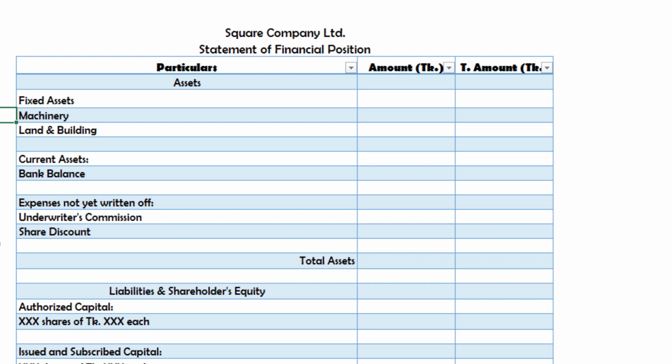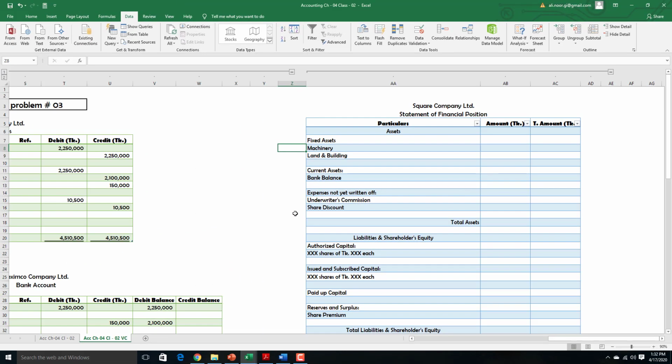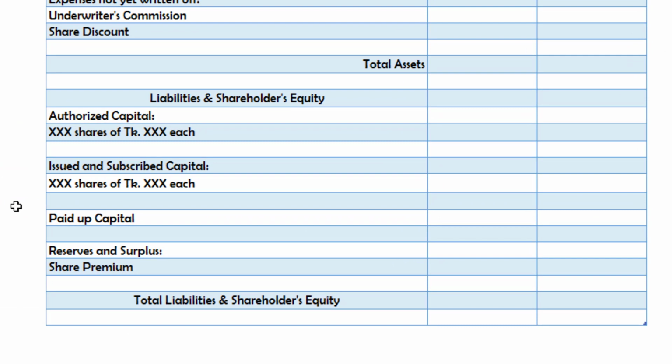Then the lower part of the statement is the classification of capital, that is authorized capital, issued and subscribed capital, and paid up capital. Then the lower part of liabilities and shareholders equity has reserves and surplus. You have to learn this now, and under this heading we write share premium.